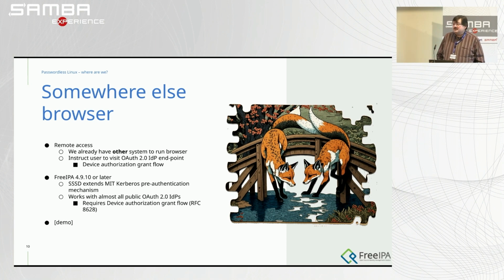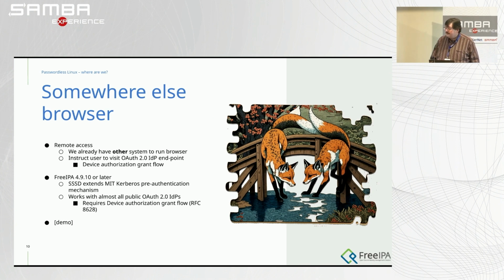We can use the same mechanism, and I think some time ago Microsoft actually used this in the Linux implementation of logging into Azure VMs. They used this, but then decided to avoid it.